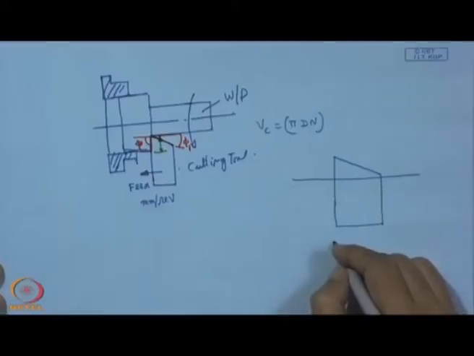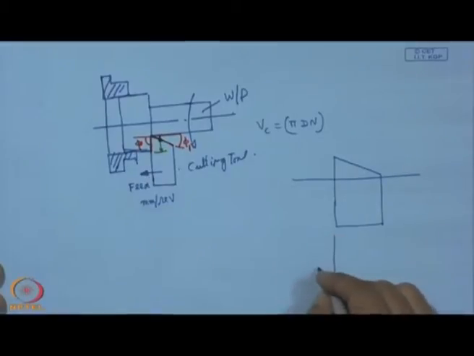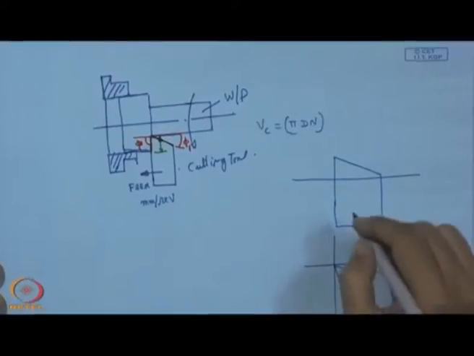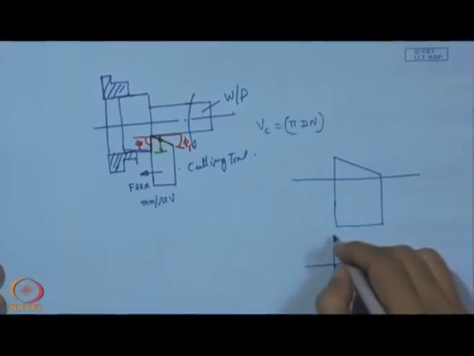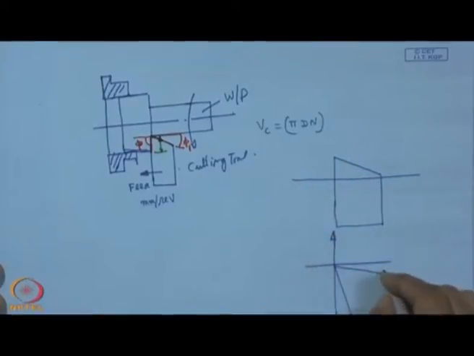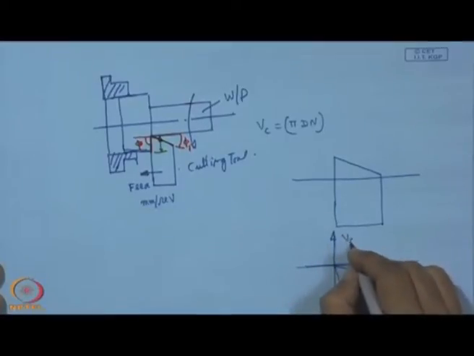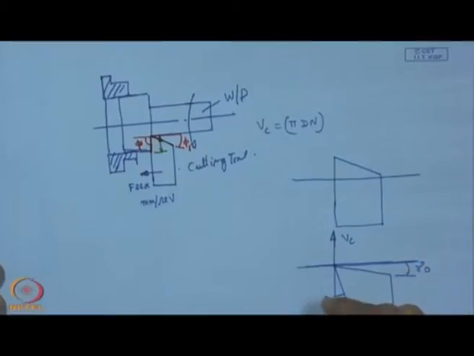Here we can find that this is the direction of velocity, and this is a line perpendicular to that velocity. So, this we call orthogonal rake and orthogonal clearance.